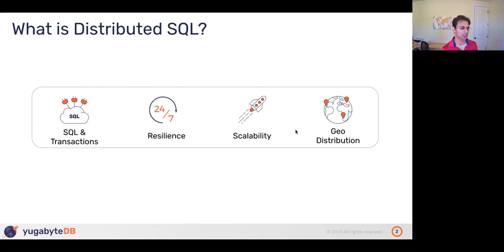Roughly, distributed SQL lets you do this. Some people call the space NewSQL, with a number of different phrases, but nevertheless, this is what it is in essence, right?